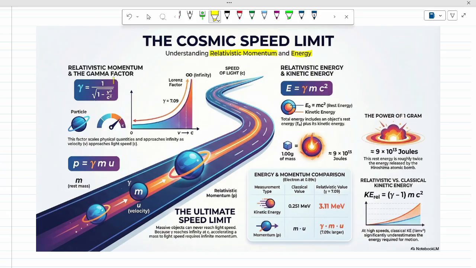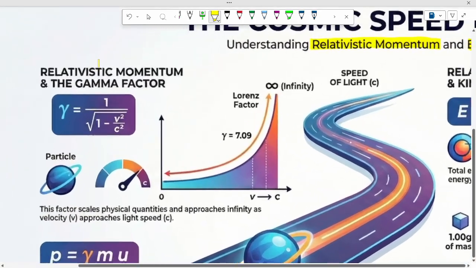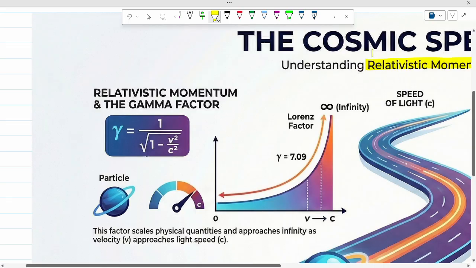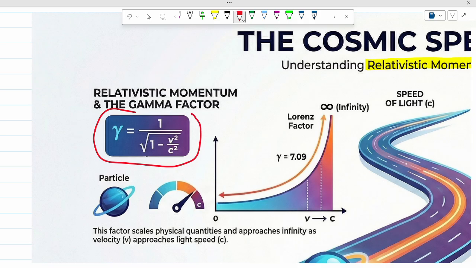So one important place to start is the reminder of the gamma factor. This is the same factor that came in when we were talking about time dilation and length contraction and all those relativistic effects that you saw by considering the postulate of special relativity.